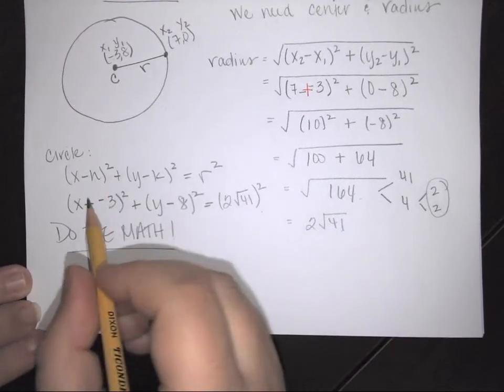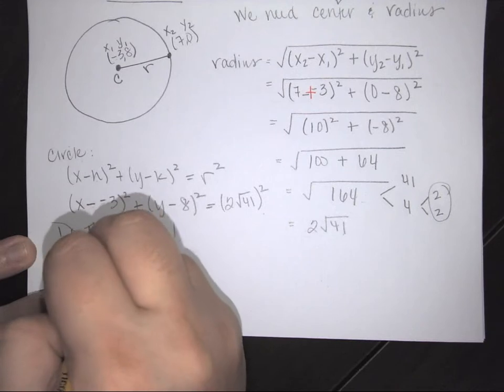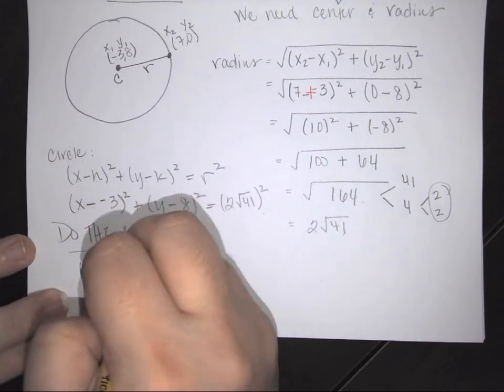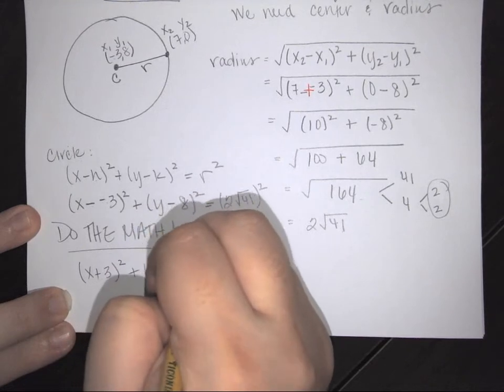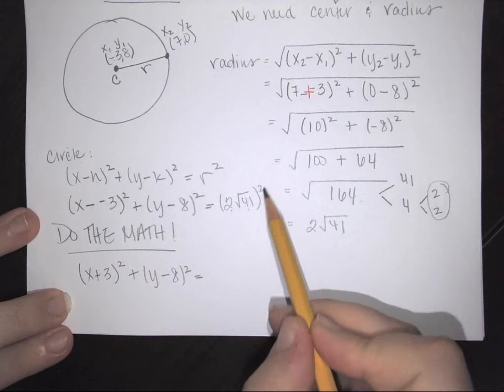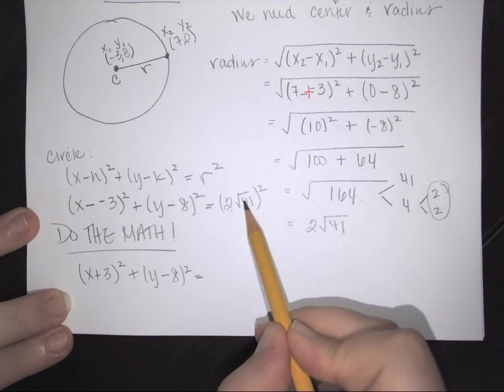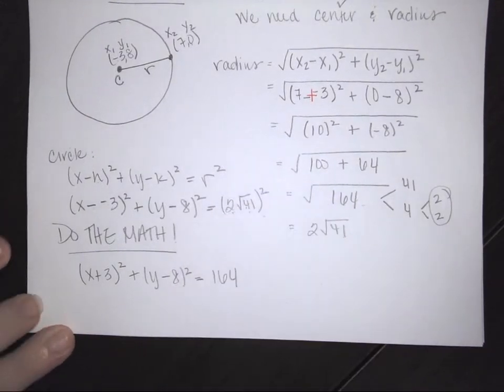And so here, notice I have minus a negative, so this can actually become (x plus 3) squared plus my (y minus 8) squared. And then (2 square roots of 41) squared means you're squaring both. So 2 squared is 4 times 41 is 164.